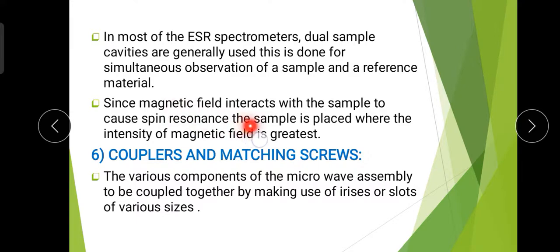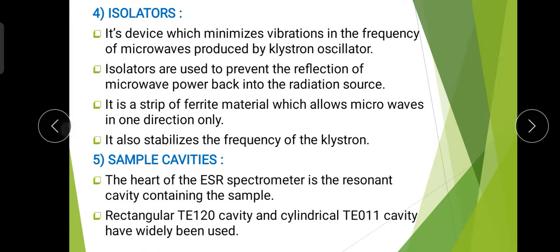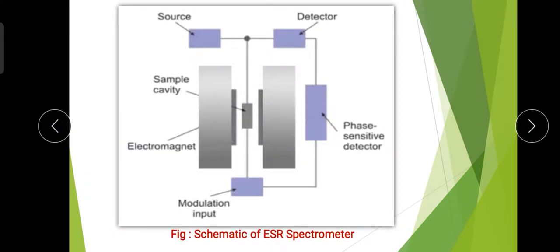Since the magnetic field interacts with the sample to cause a spin resonance, the sample is placed where the intensity of the magnetic field is greatest. That means the arrangement of the cavity is done in such a way that the cavity is placed at the center of the electromagnet, which is shown in the figure here. So this is the cavity, and it is placed at the center of these two electromagnets. This is the N pole and this is the S pole.